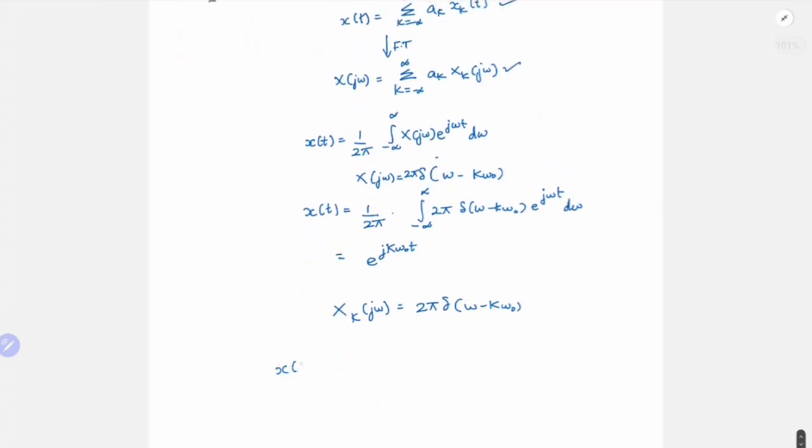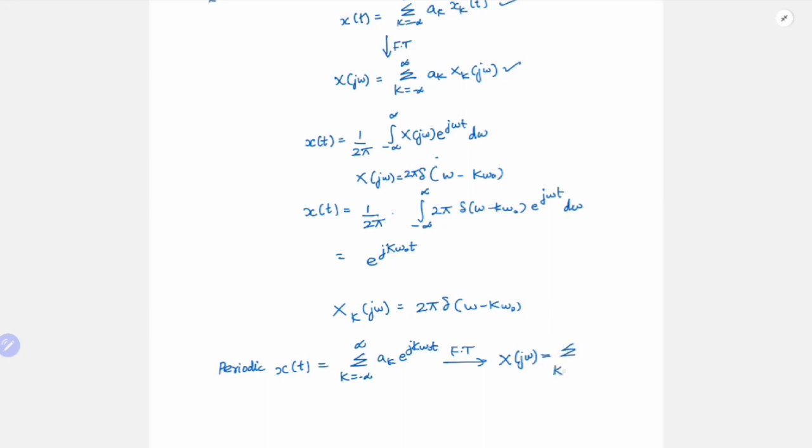So then I can use this or this. So x(t), periodic, can be given as the summation k equal to minus infinity to infinity of a_k e^(jkω₀t), and taking the Fourier transform, I get X(jω), which is nothing but the Fourier transform of periodic x(t).